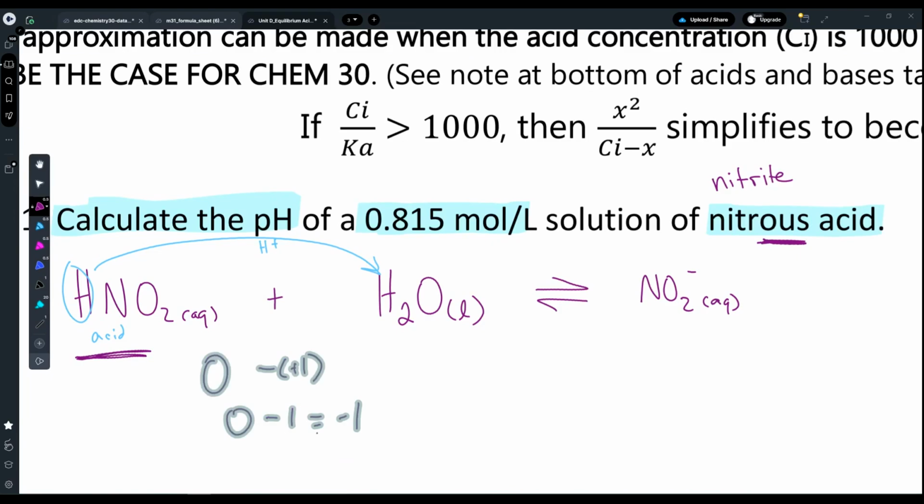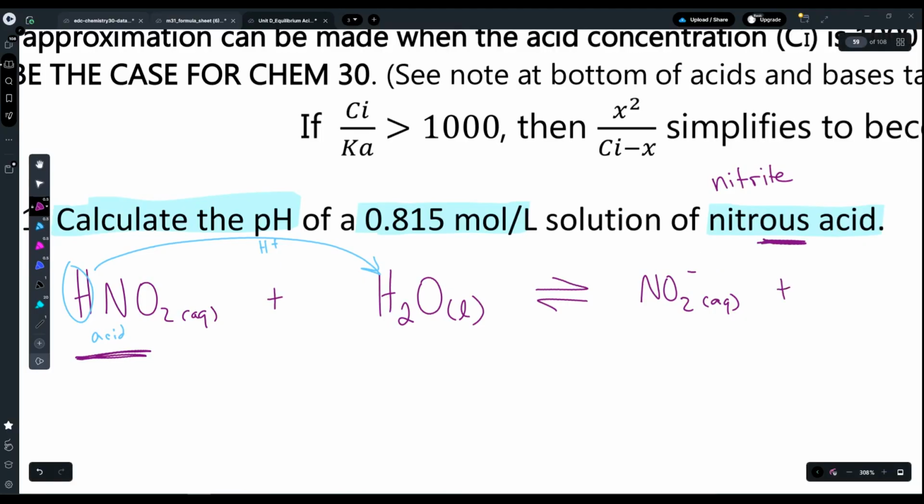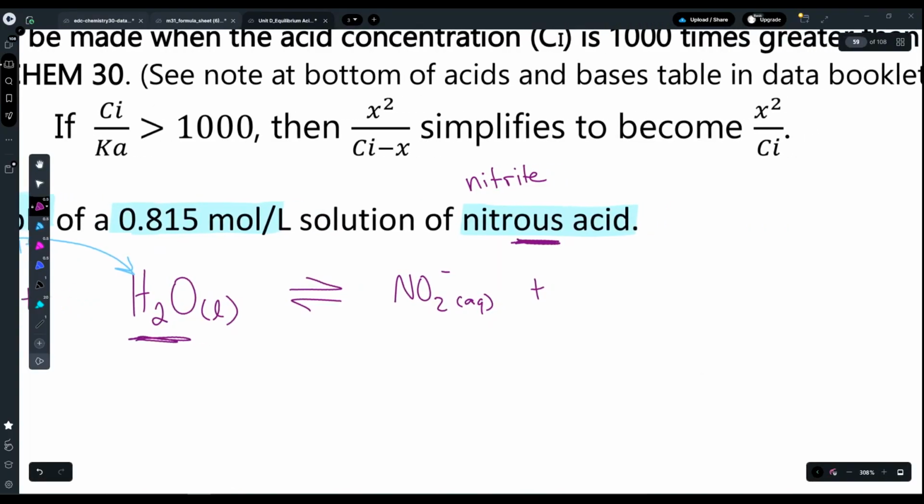So that's how I'm getting the charge there. Okay, and then for our other product, we just need to imagine water with one extra proton, so that's going to be hydronium. And all acids are going to produce hydronium to some extent.